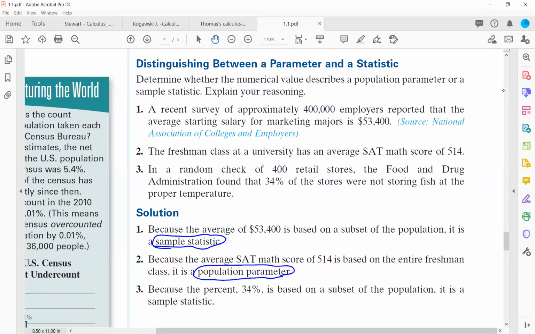It says the average SAT math score of 514 is based on the entire freshman class. All of them, everyone. So you're working with a population. And the third one is a sample statistic, because the percent, 34%, is based on a subset of the population. 34% of how many?